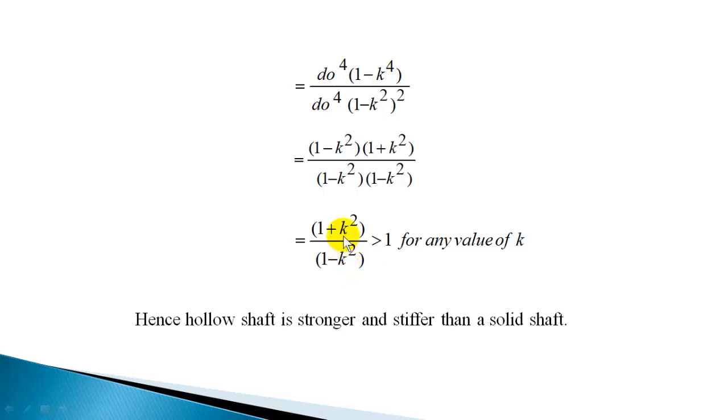Here again you can show that the ratio is greater than 1 because k is a positive quantity lying between 0 and 1, and the numerator is always greater than 1 and the denominator is always less than 1, because for any value between 0 and 1, k square is less than 1 and 1 minus that quantity will be less than 1. So the ratio is always greater than 1. This proves that a hollow shaft is stiffer than a solid shaft.